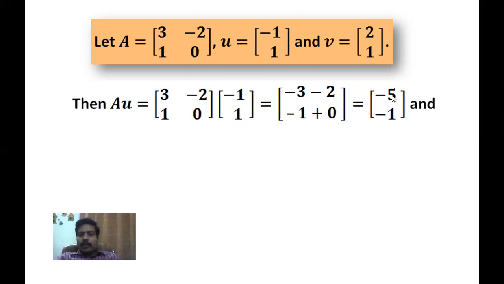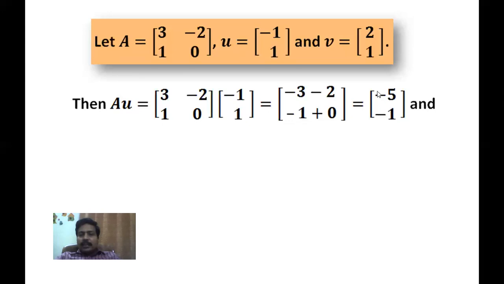So minus 5, minus 1. This is the product of A and U. A is the given matrix and U is the given vector. So AU is equal to minus 5 minus 1.